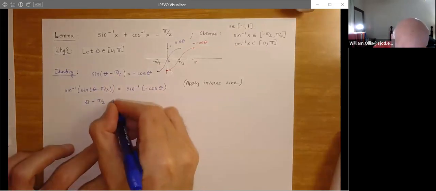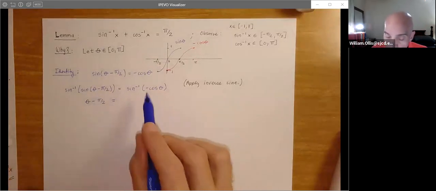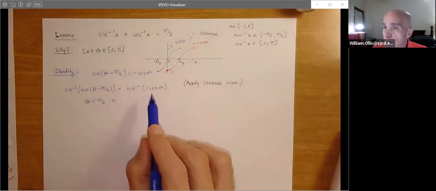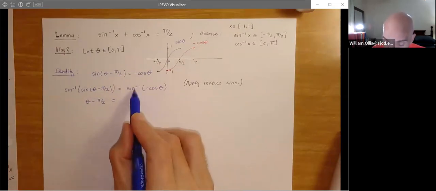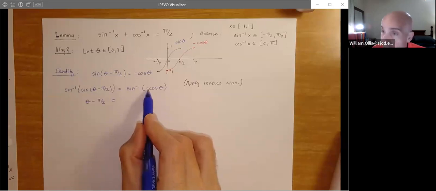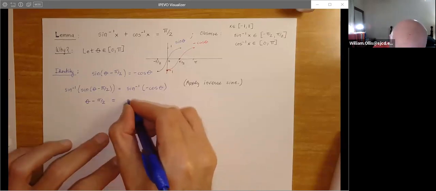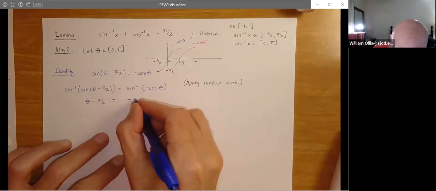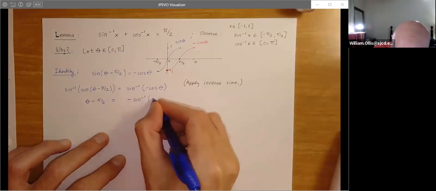And now we're actually going to prove the result that I'm going to use here. Remember, one of the major results of the inverse sine is that it is an odd function. And so now we have the inverse sine of the negative of cosine, so the negative will factor. So we have the negative of inverse sine of cosine theta.